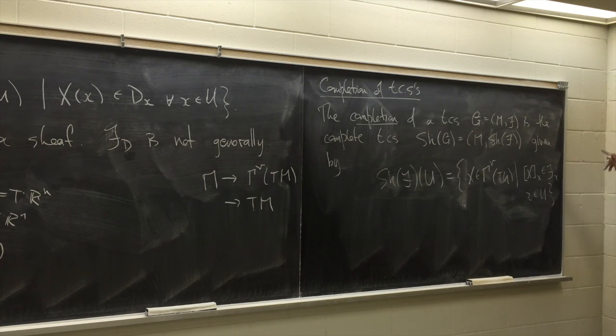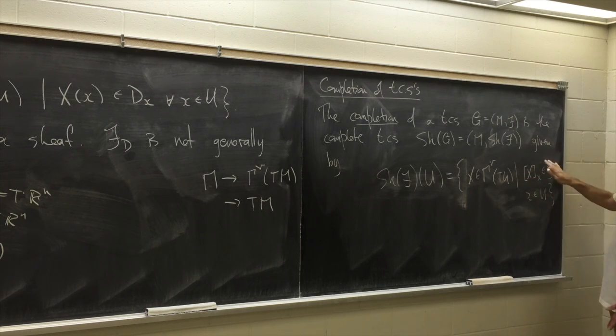Which vector fields have bounded germ representatives? Every vector field, right? That's a null condition. It just means in some neighborhood it's bounded. Every vector field has that property.